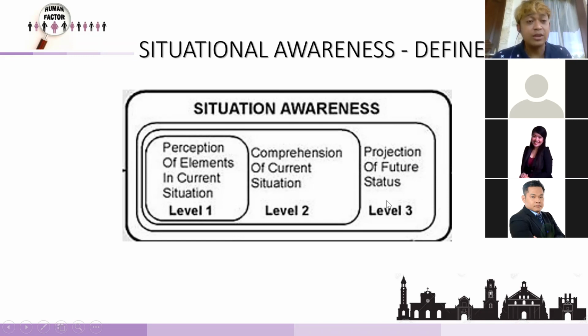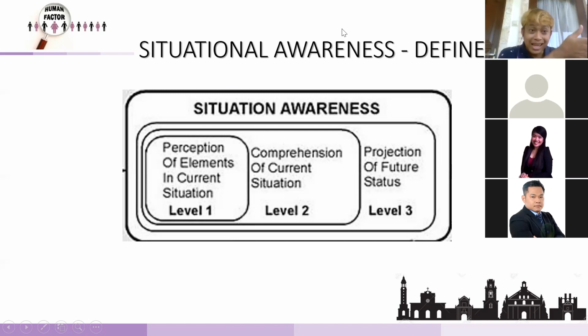Projection of future status. So for example, when you see something like an accident, or an almost accident, did I have something like that these days? Not really, because I have situational awareness, so I kind of am aware of what will happen.